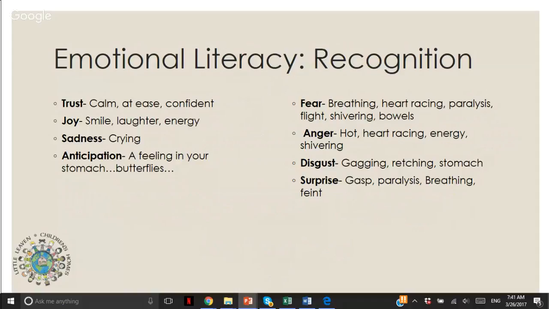When you're feeling anticipation, that's when you get the butterflies in your stomach, or maybe you feel like you need to go to the bathroom. That's how you know that you're anticipating. Some people are going to do a performance, or participate in a sport, and they start to feel these butterflies in their stomach, and they don't understand what that is.